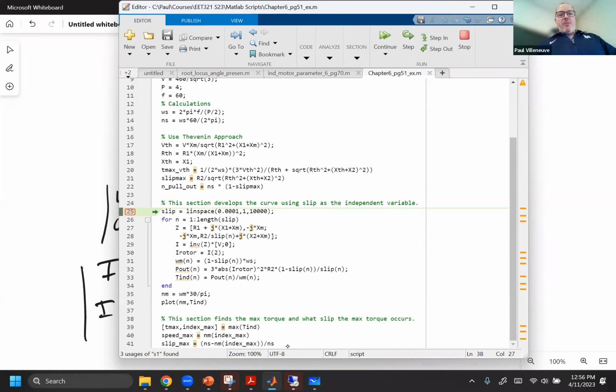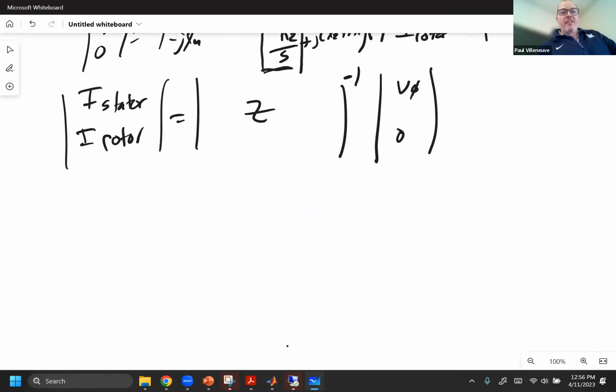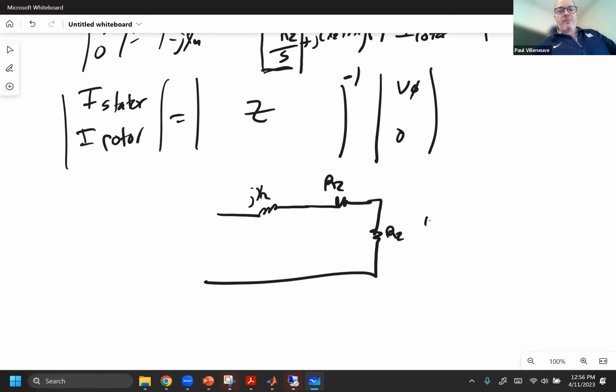And how do I get my output power? Well, it's going to be equal to P converted. If you go back a couple classes, it's 3I squared R times R2 times (1 minus S) over S. Why is that? Because if you remember from our rotor circuit, this is jX2, this is our R2, and this is R2 times (1 minus S) over S, correct?